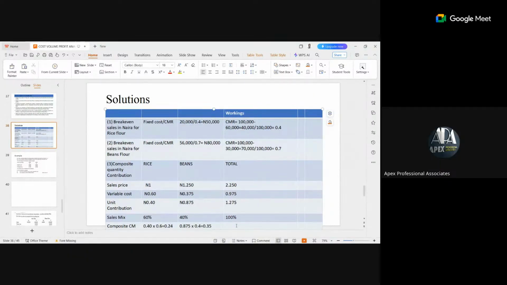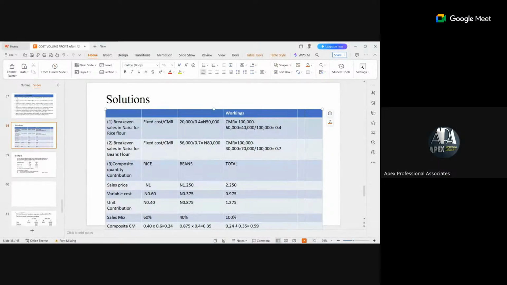So we have it as 0.24 plus 0.35. It will give us 0.59.